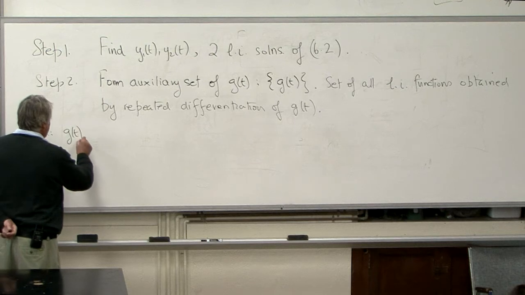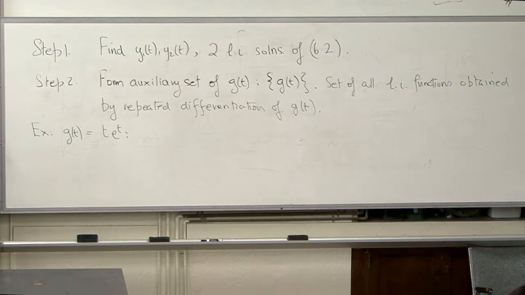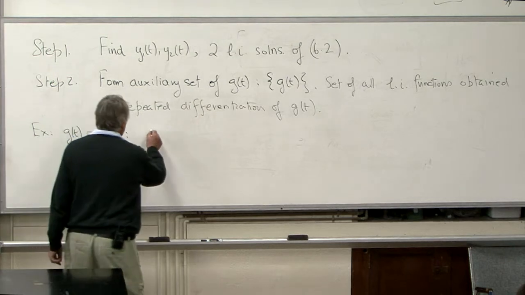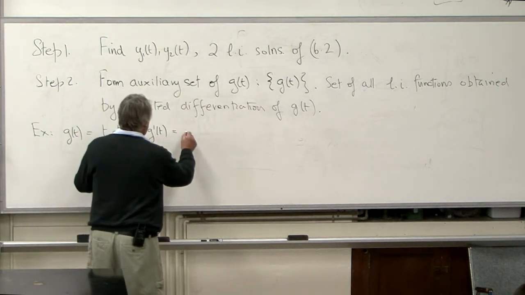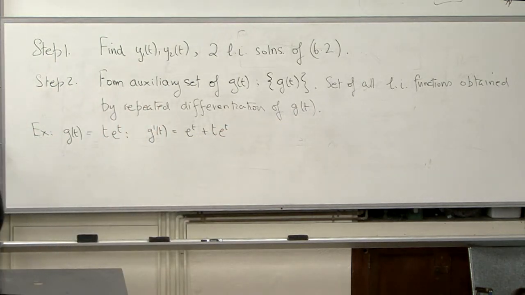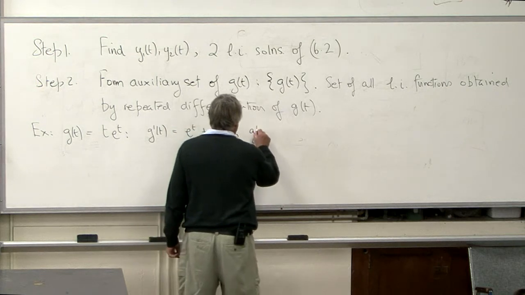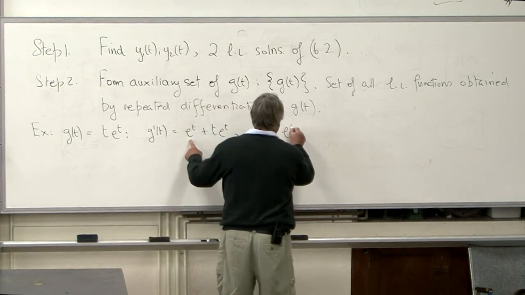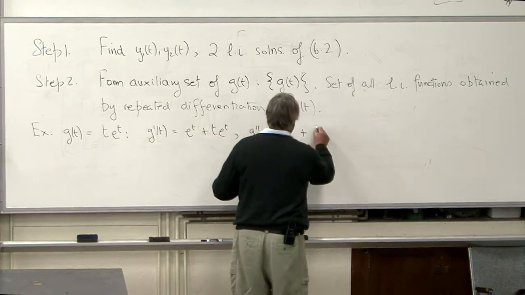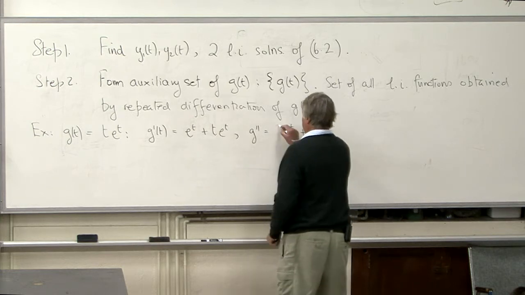Supposing g of t was t e to the t. Okay. Let's differentiate it once. G prime is e to the t plus t e to the t. Let's differentiate it again. G double prime is e to the t plus t times e to the t plus I get another e to the t.